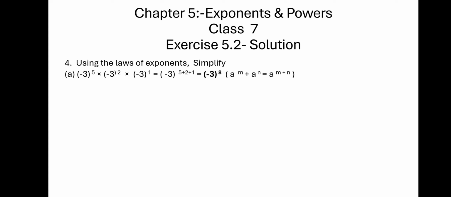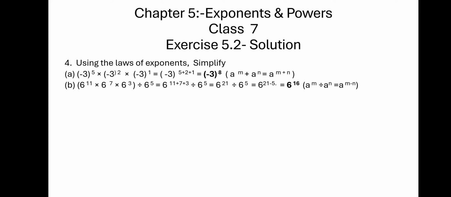So negative 3 raised to the power of 5 plus 2 plus 1, that is equal to negative 3 raised to the power of 8, because a raised to m multiplied by a raised to n gives you a raised to m plus n. Here a multiplication sign should be there, instead an addition sign has come by mistake. So it is a mistake there, so please correct it.